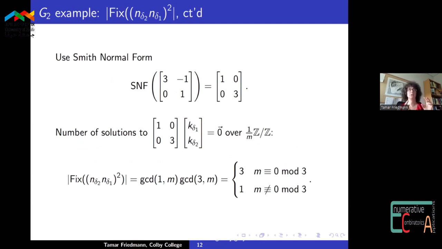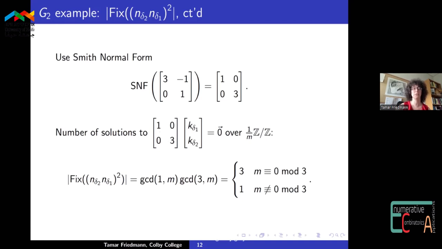That action does not preserve the solutions, but it preserves the number of solutions, which is all we want. So the number of solutions to the equation we were looking at initially is the number of solutions to this one where we replaced our matrix by the Smith normal form. And then this is pretty easy to read off. You have the greatest common divisor of 1 and M times the greatest common divisor of 3 and M. And so the answer depends on M mod 3.